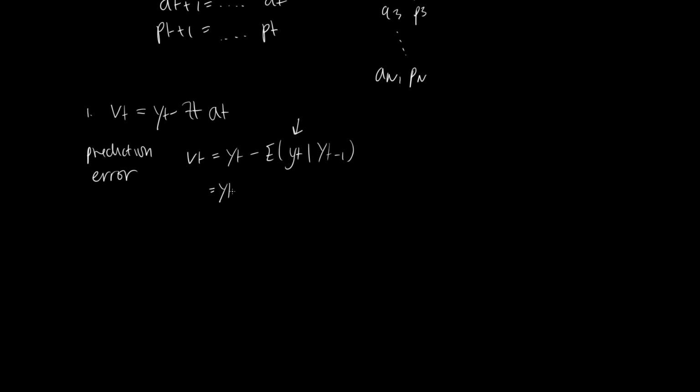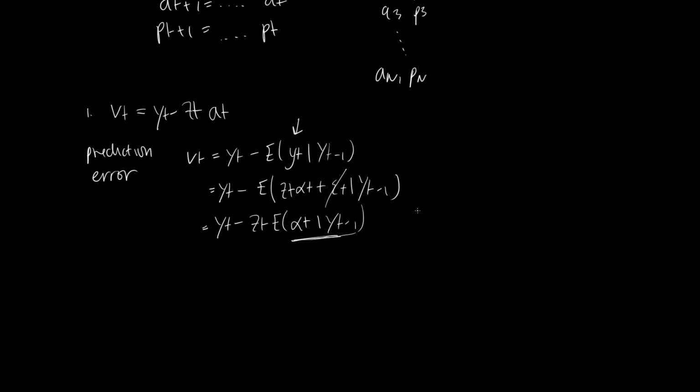If we now simply substitute in the model, we get the expectation of Z_t alpha_t + epsilon_t given y_{t-1}, but the epsilon_t part is just 0. If we now take Z_t out of the expected value, because Z_t is non-stochastic, we find exactly the definition of a_t, because a_t is defined as the expected value of alpha_t given the information of the previous period.